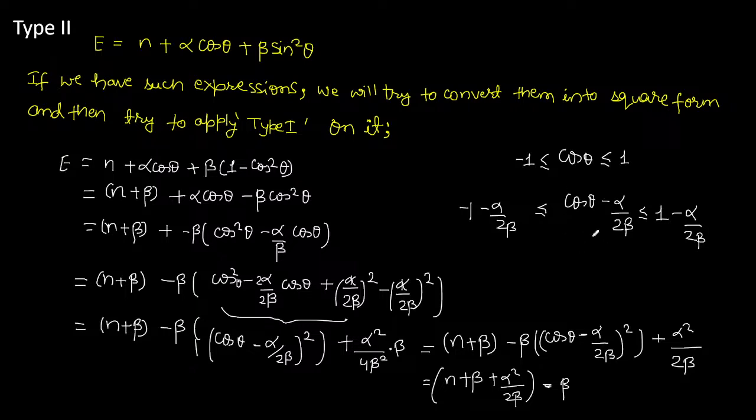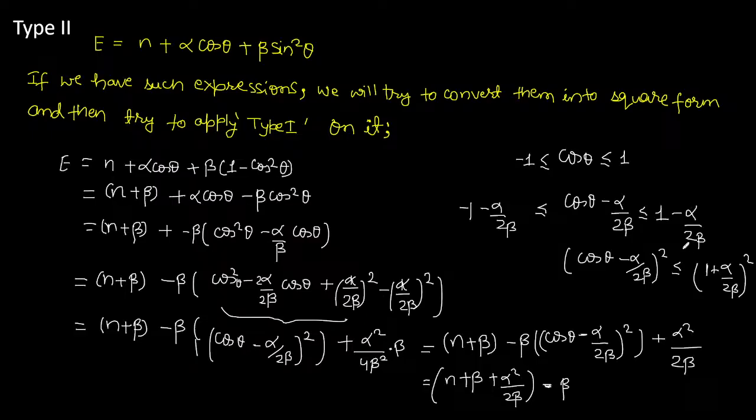If we square this term, it is 1 minus alpha by 2 beta whole square. Now what will happen?